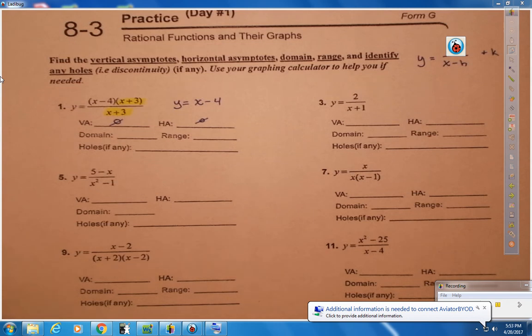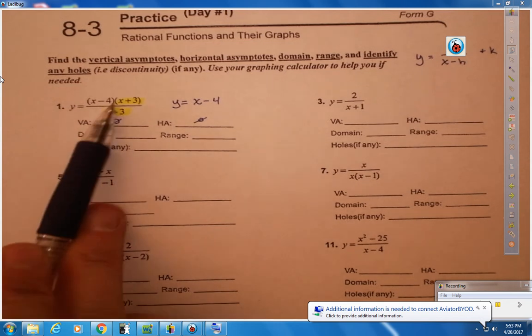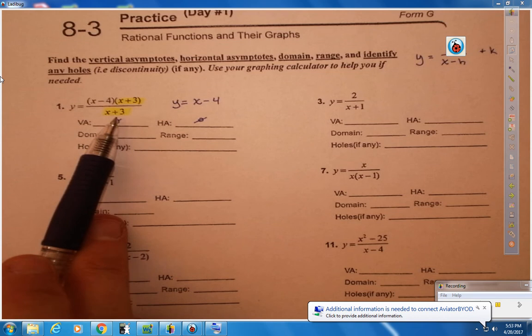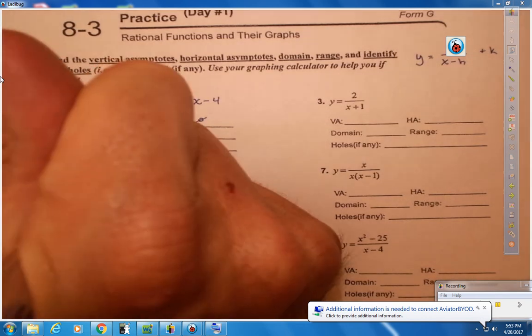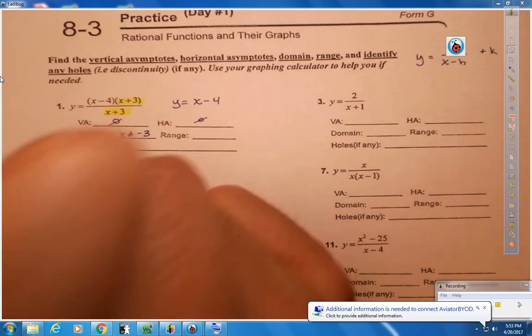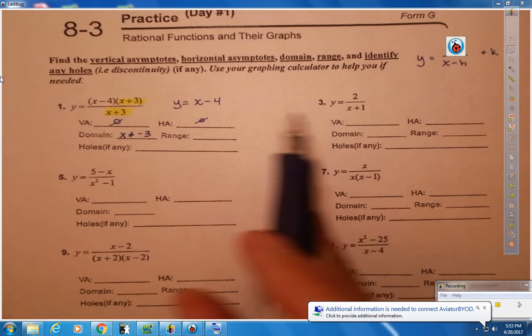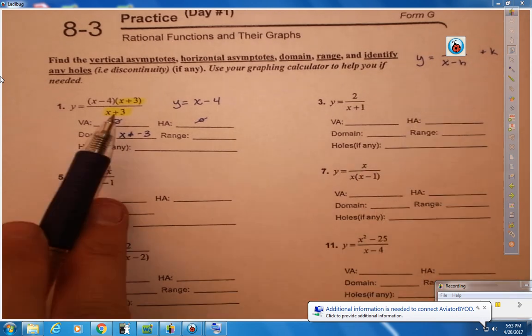But I can't ignore the fact that this was here, and I can't ignore the fact that I'm not allowed to have 0 in the denominator. So x can still not equal negative 3, because remember, x minus h, it's the opposite. So x cannot equal negative 3.